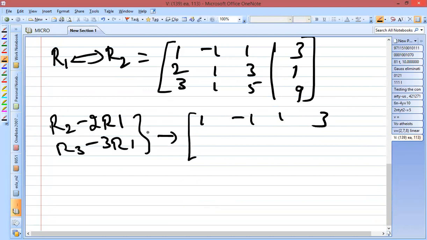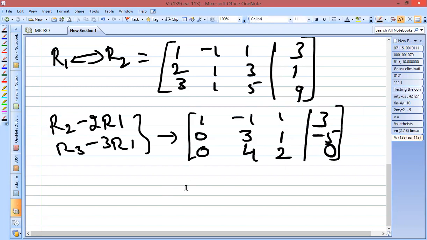When you perform R2 minus 2 R1, we'll get 0, 3, 1, -5. Correct? And in the third row, 0, 4, 2, 0.